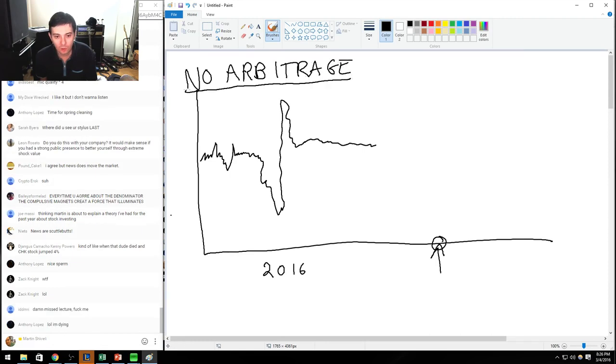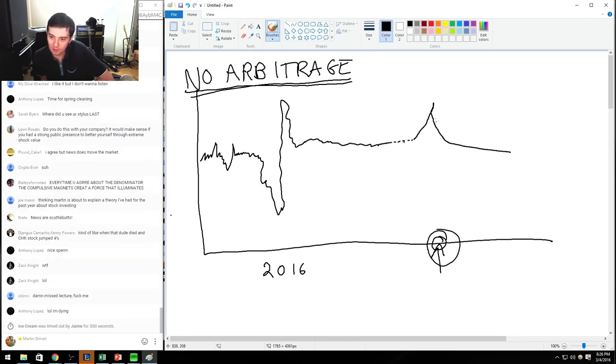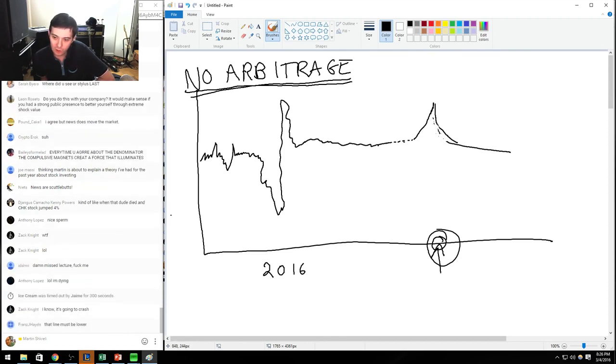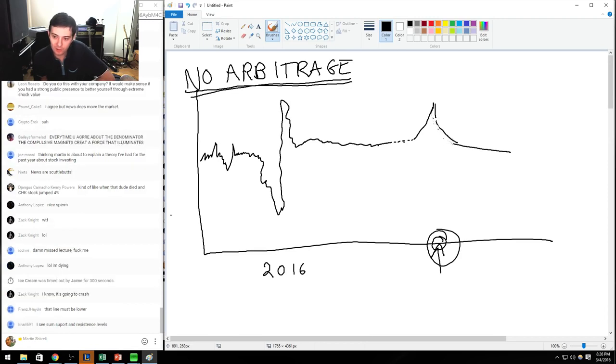Everybody knows that the phone will be released on that day. So it's not possible to buy the stock and hope that it goes up and then sell it right after the news, because everybody knows the news will be that day. There's no way to game it if everybody knows when the news is going to be.